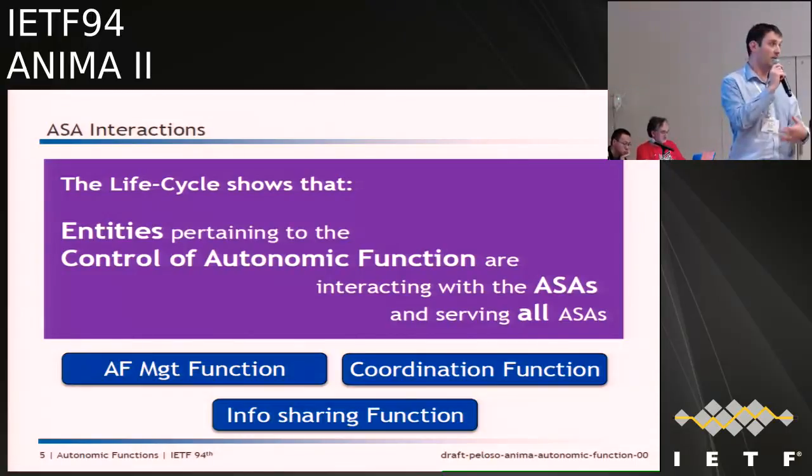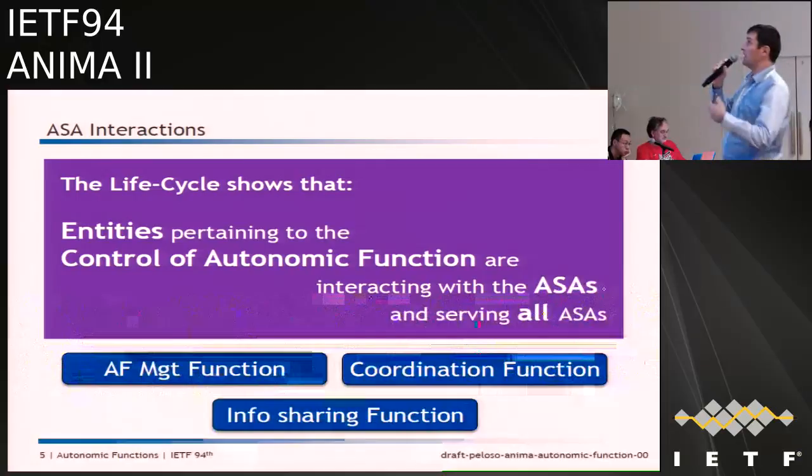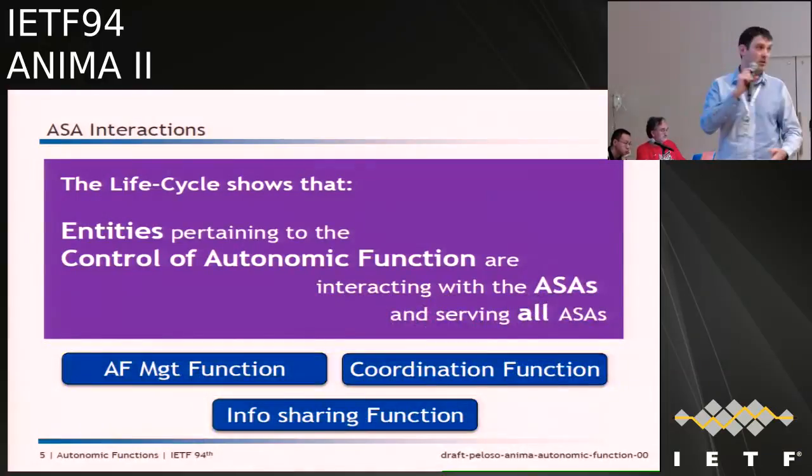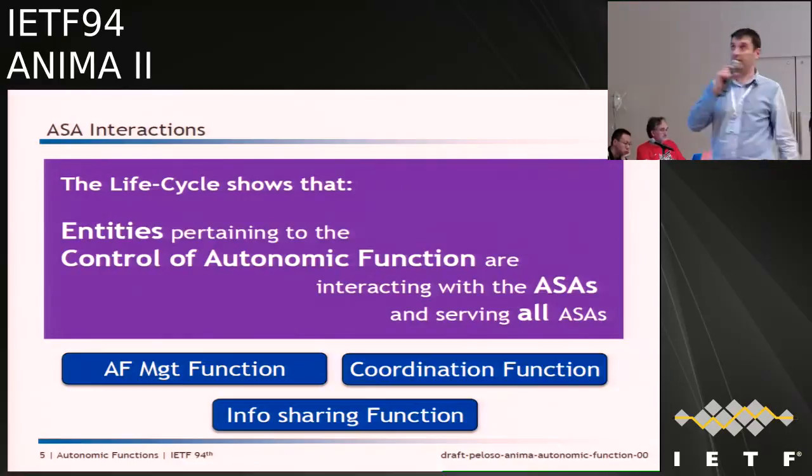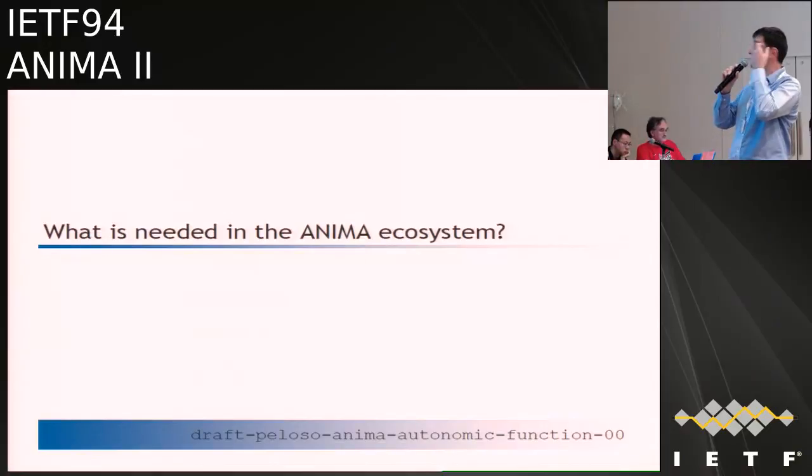It is a meta management function, a coordination function, and an information sharing function. Typically, the information sharing function would be something over the GRASP intent distribution. Okay, so next slide. What is needed in the ANIMA ecosystem with regards to that?